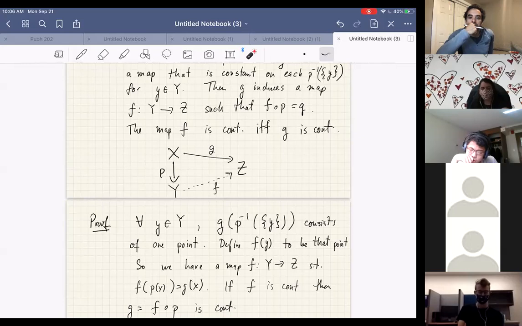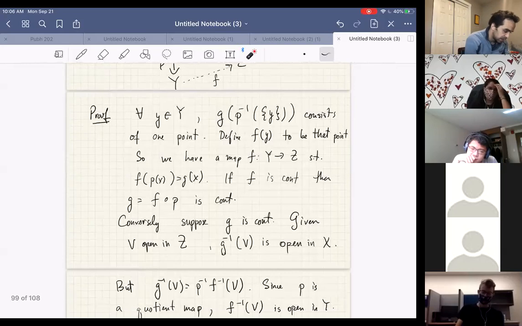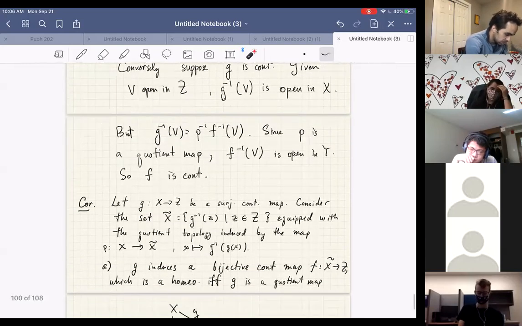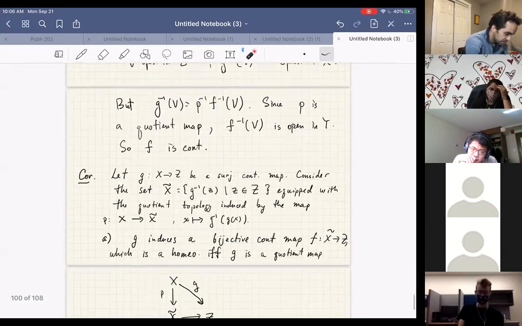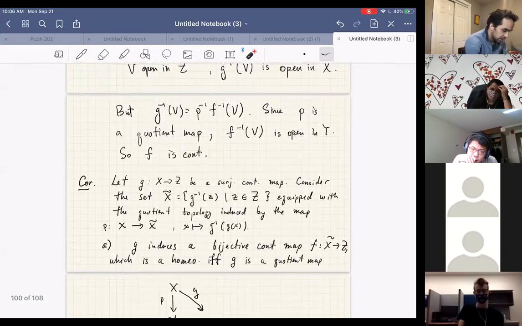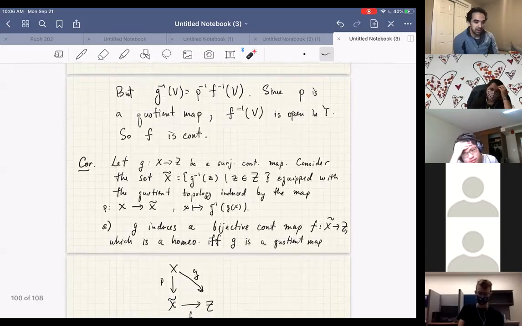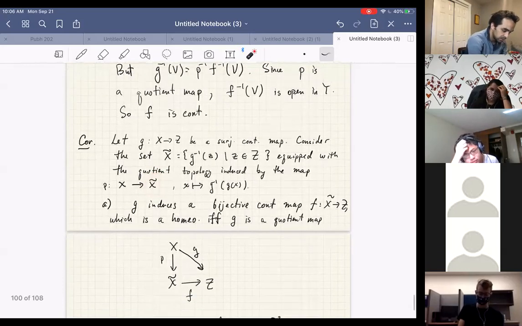How does this relate to that comment you made about having a coarsest topology? So the point is that this right here is the minimal amount of data you need in this space X tilde.